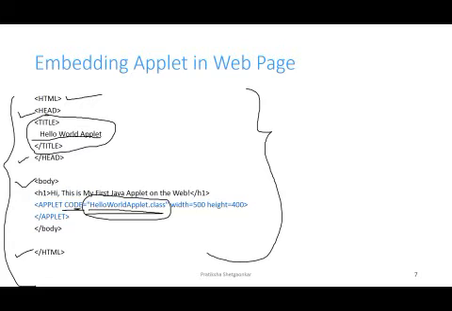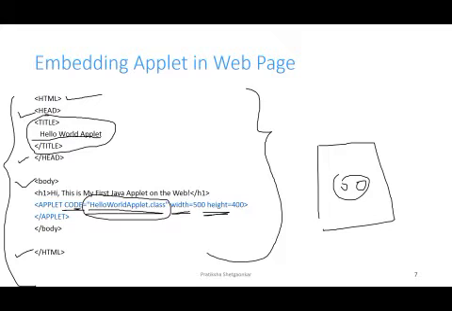Along with this code attribute, it has two more attributes, the width and the height, which specify the width and the height of the applet viewer window in which that applet output will be displayed. Then we close the applet tag, and then the body and the closing of the entire HTML document.